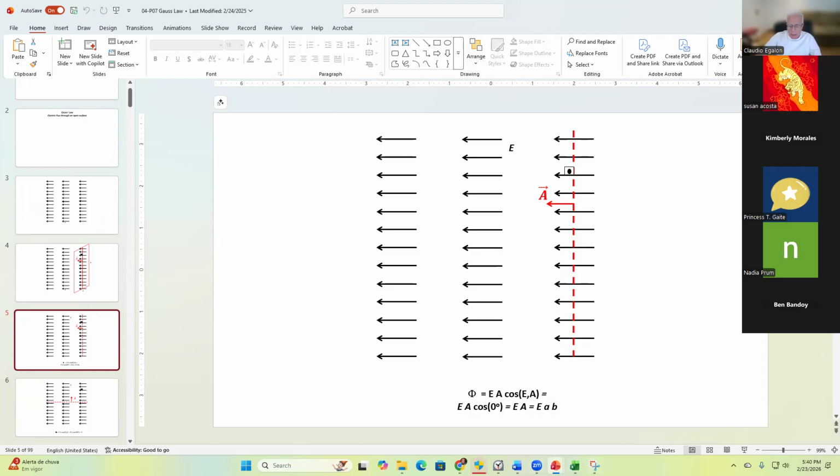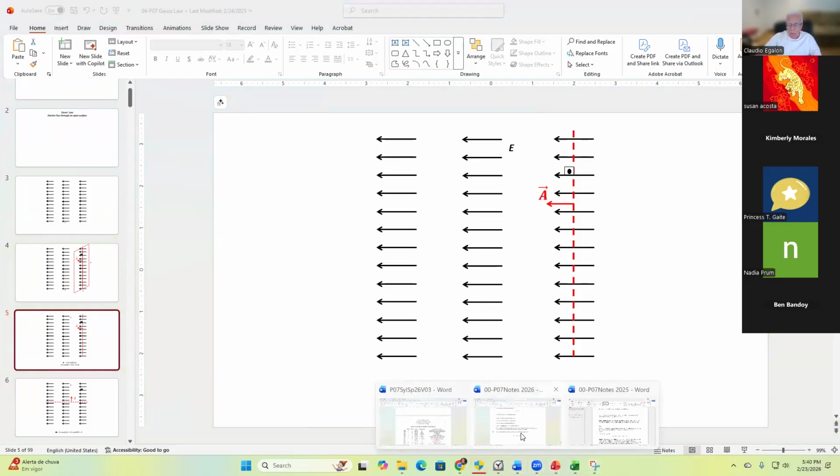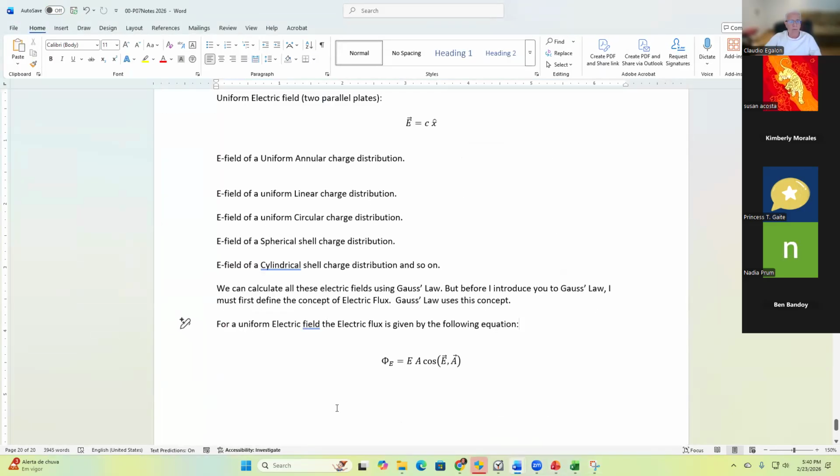looking at that. Okay, let me write down in my notes. For a uniform electric field, the electric flux is given by the following equation, okay?